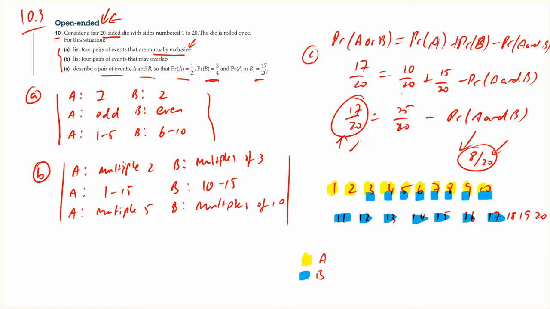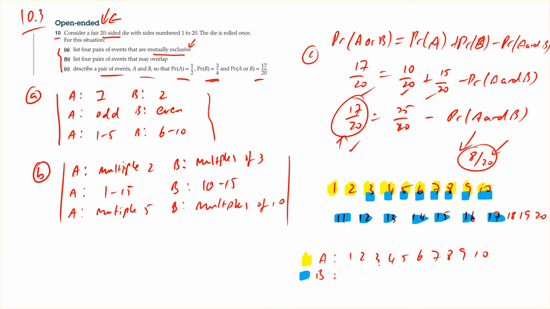The probability of A is 10 out of 20. 1 to 10. Perfect, we've satisfied that condition. And the probability of B, which is blue, is 15. Perfect. So event A is getting a 1, 2, 3, 4, 5, 6, 7, 8, 9, 10.